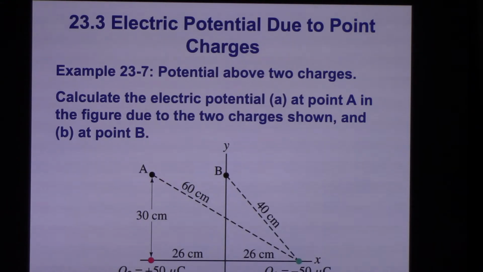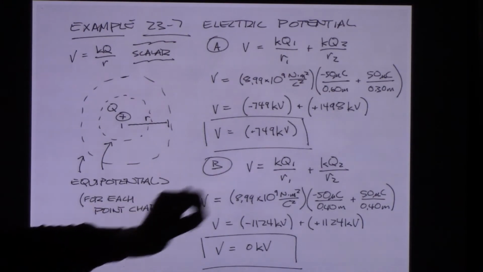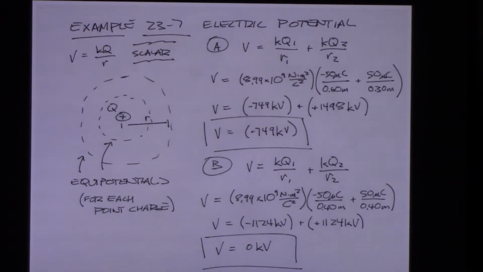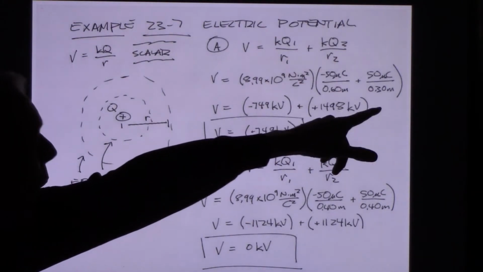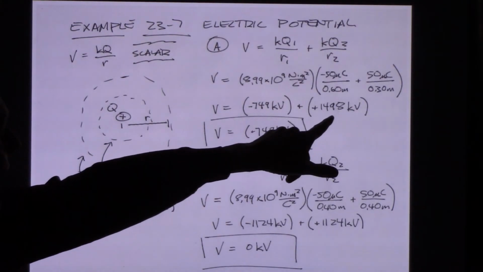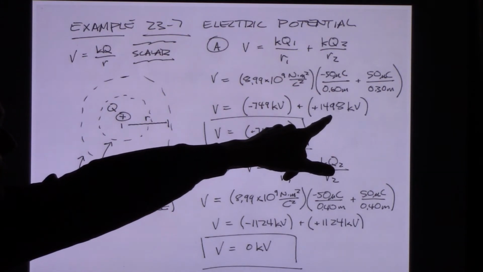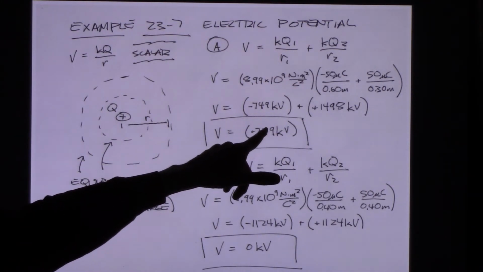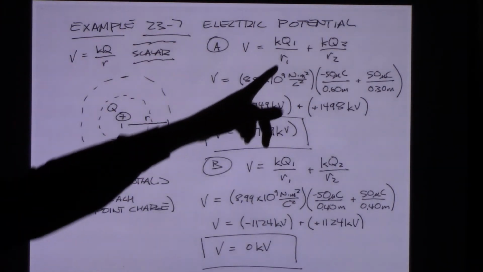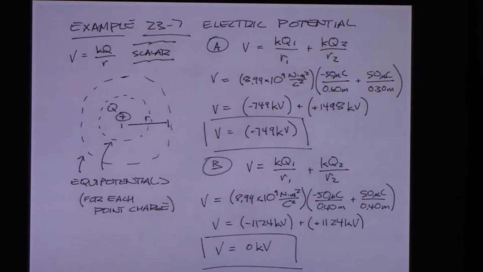I am closer to charge 2, the positive charge. So yes, I did get everything labeled correctly. Imagine that. I was twice as close to the positive charge. As a result, I'm getting a positive contribution that is twice as large as my negative contribution. It just depended on distances and the amounts of charge.